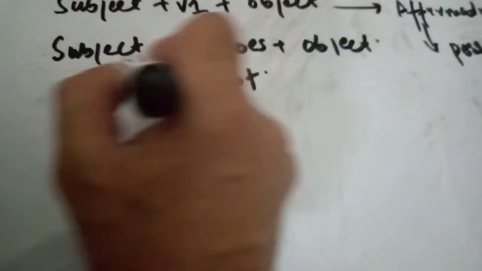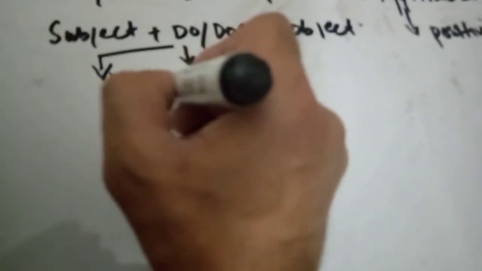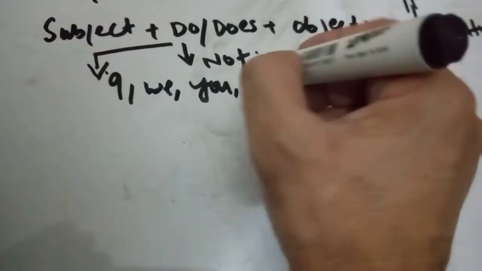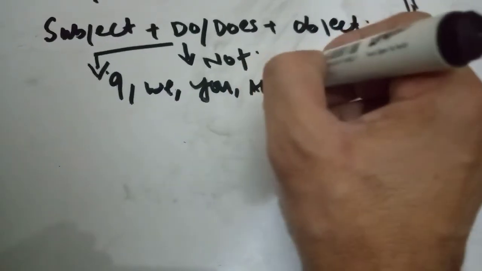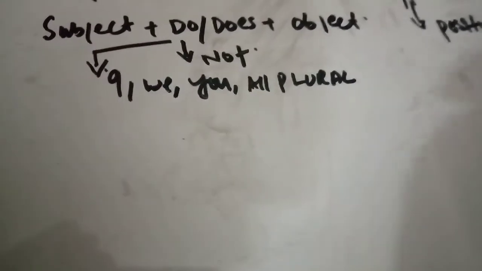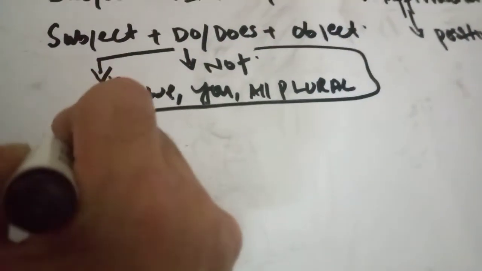Do we use with I, we, you, and all plural. Does, on the other hand, is used for he, she, and it.